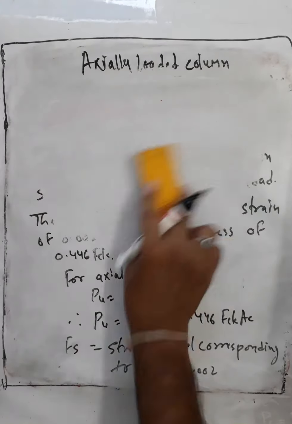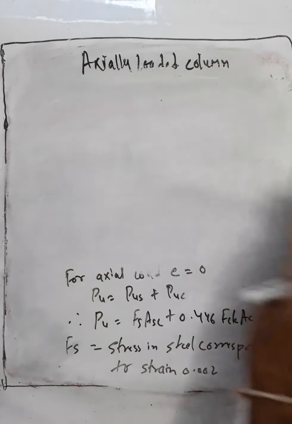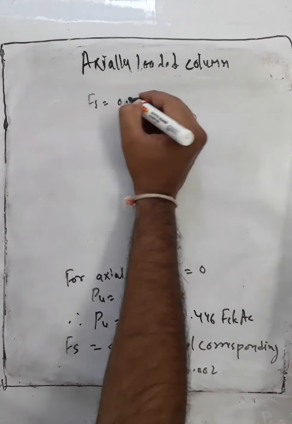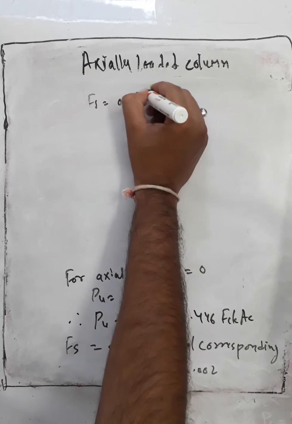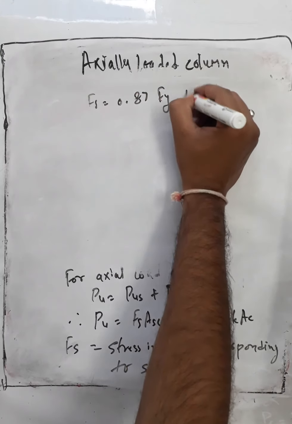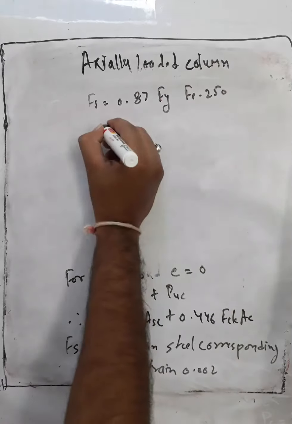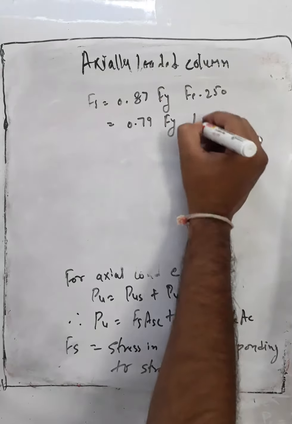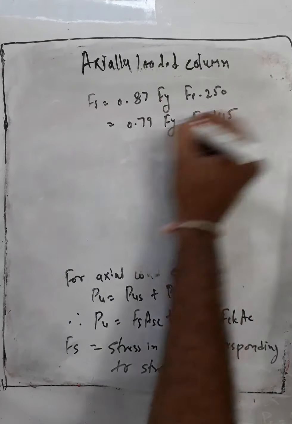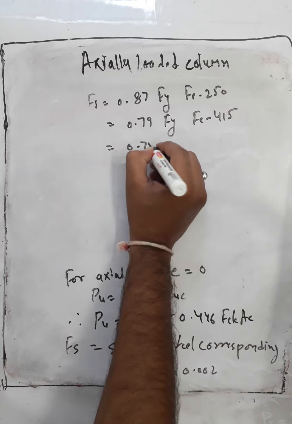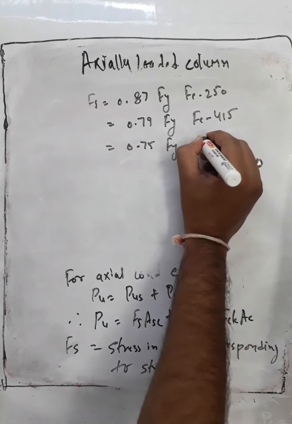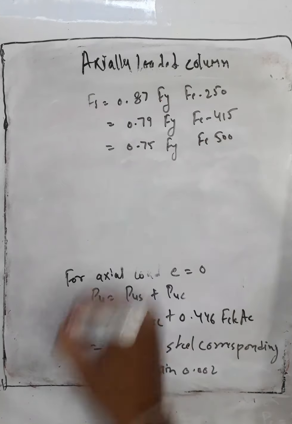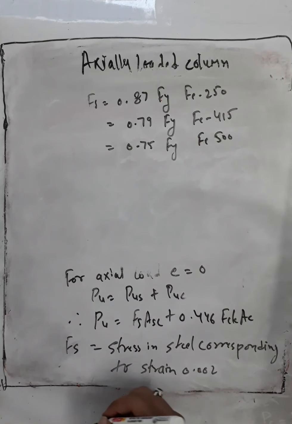So Fs is equal to 0.87 fy for Fe250, 0.79 fy for Fe415, and 0.75 fy for Fe500. These are the values of Fs.